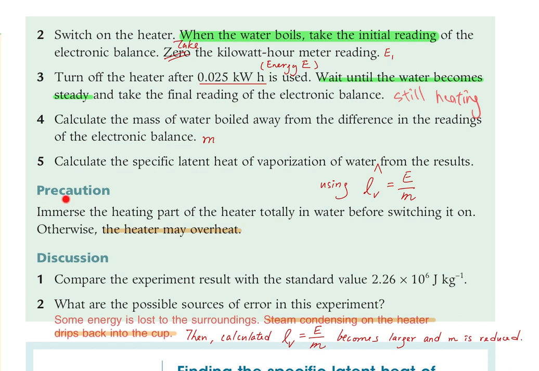Another standard precaution is to insert the heating element of the heater totally in water, so as to reduce the heat loss to surroundings and also protect the heater, or else it may overheat.